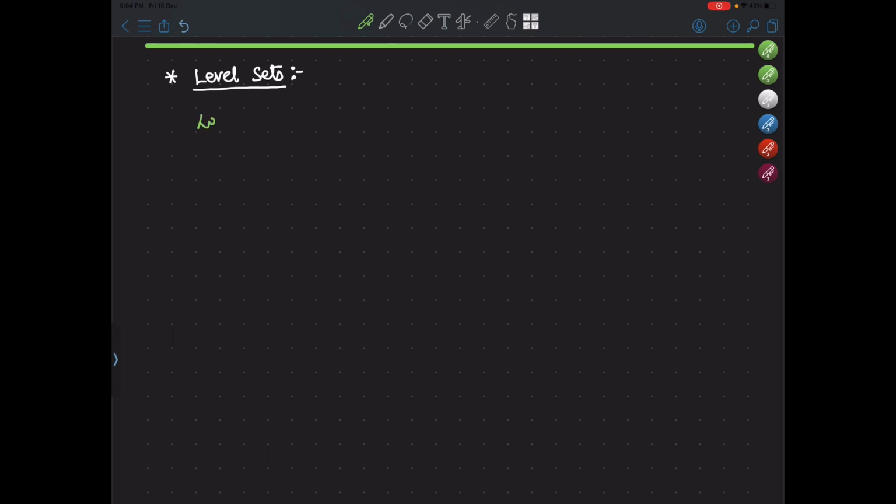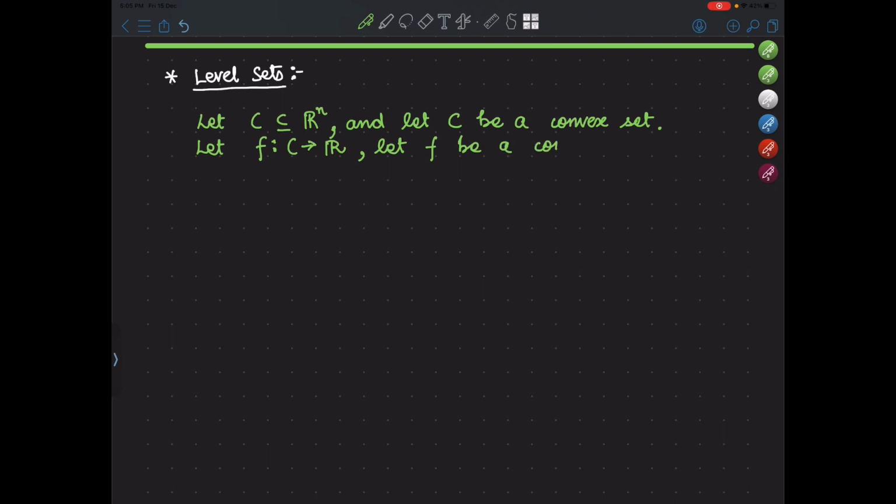So let C be a subset of Rn, and let C be a convex set. Let f be some function from C to R, and let f be a convex function.